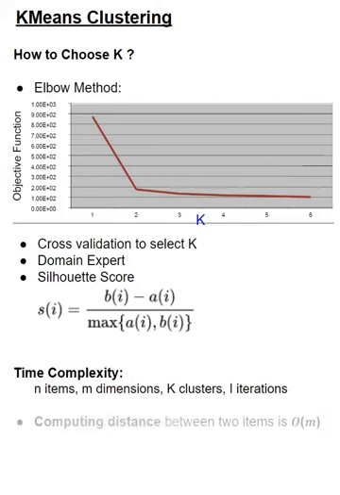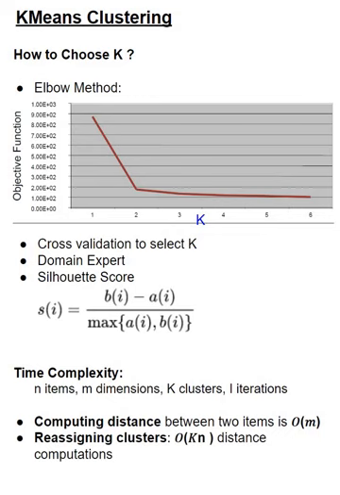Then the distance computation between two items is in the order of m. When we reassign clusters, it is in the order of k times n, and every iteration, a single iteration, is of an order of k times n times m.